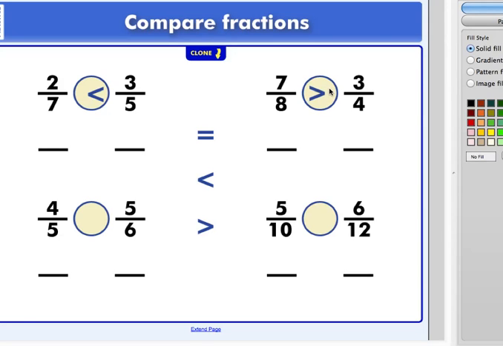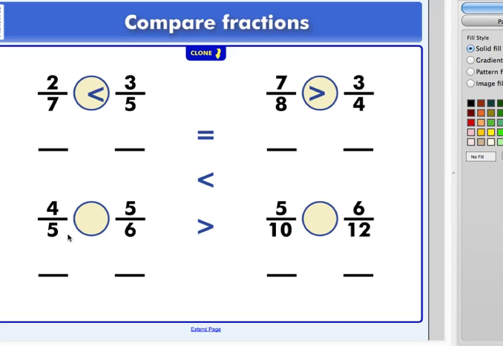Now, another way I could look at this problem here, because my denominators are 8 and 4, I know that I could make an equivalent fraction for 3/4. I could ask myself, well, how many eighths is 3/4? Yeah, it's 6/8. 7/8 is greater than 6/8. Okay, here's another one down here where we have 4/5 and 5/6.